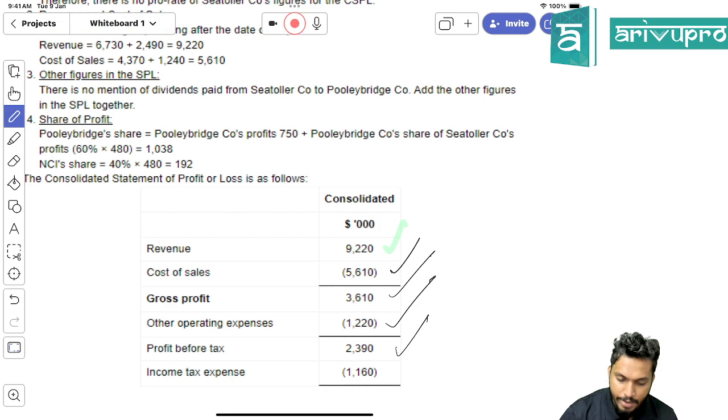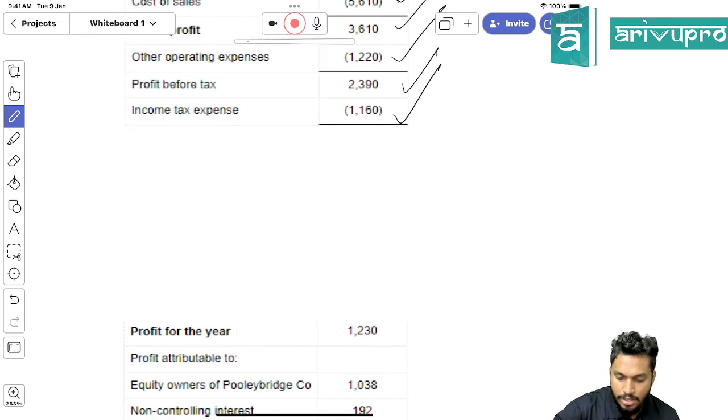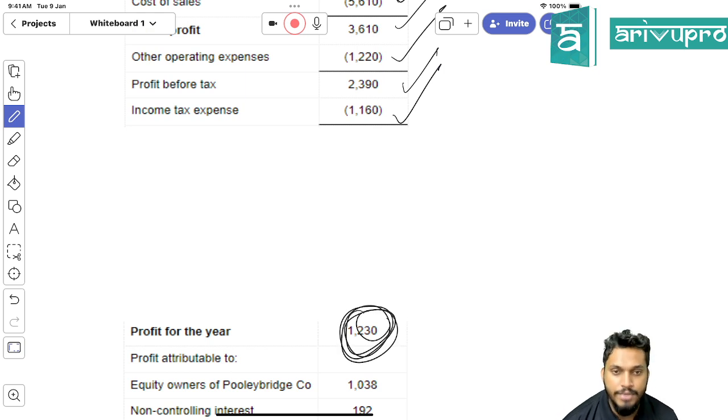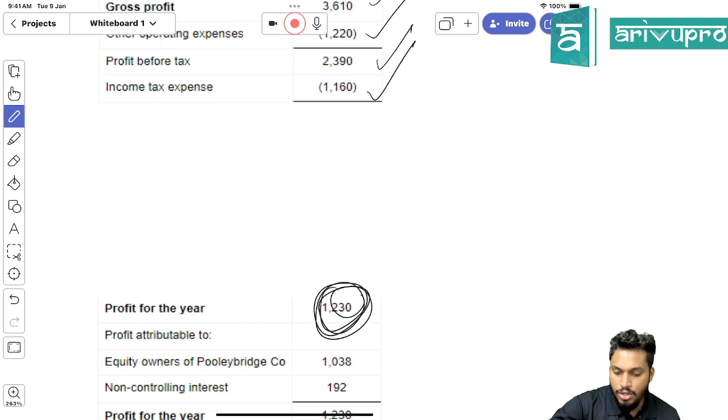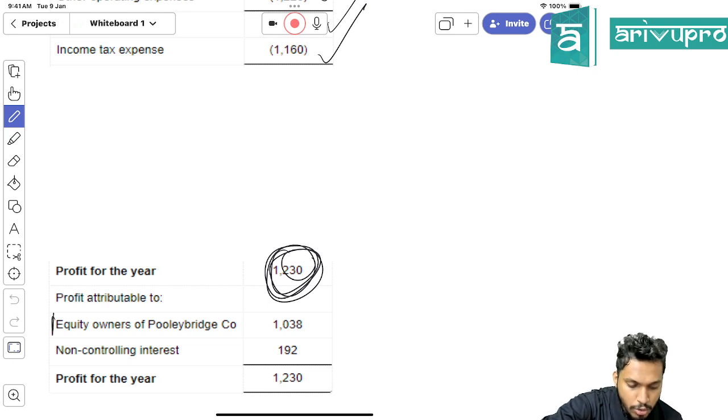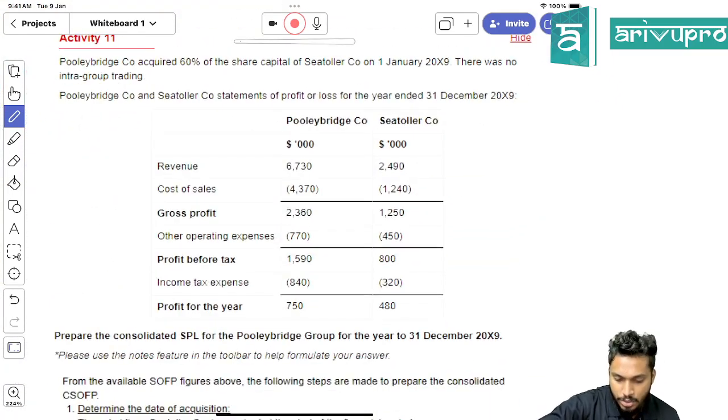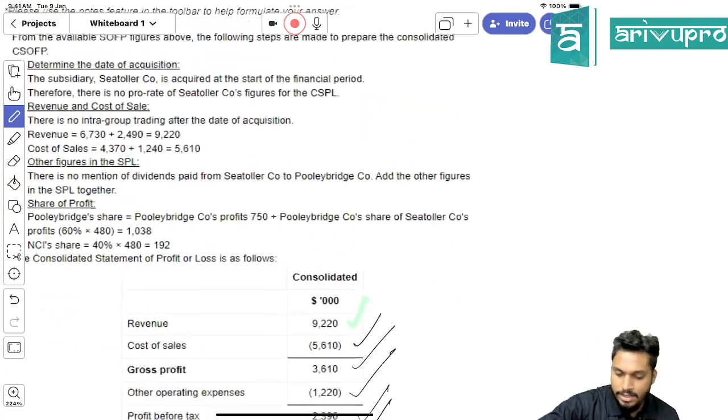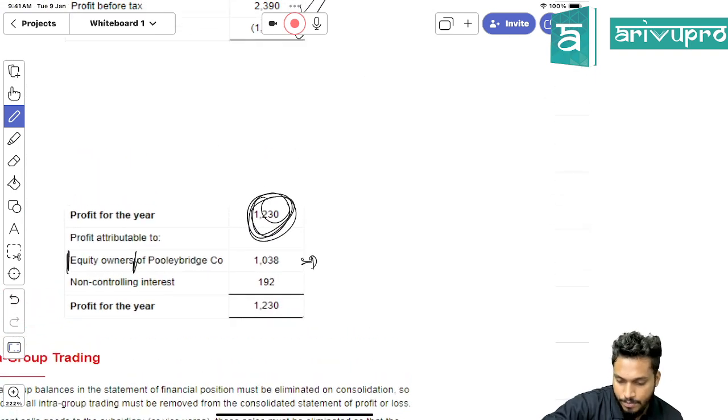So you will arrive at profit before tax, you deduct your taxes and you will arrive at the group profit. So now you need to distribute your group profit between equity owners and non-controlling interest. So to equity owners, of this 1,038, you need to take 750. This entire 750 belongs to them.